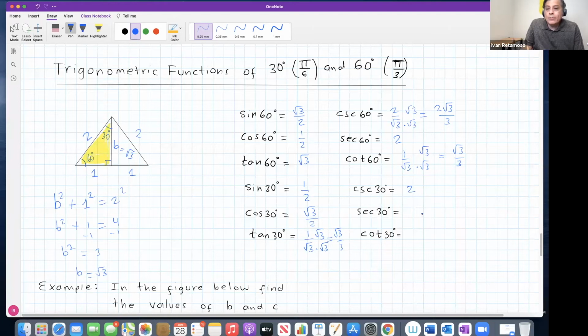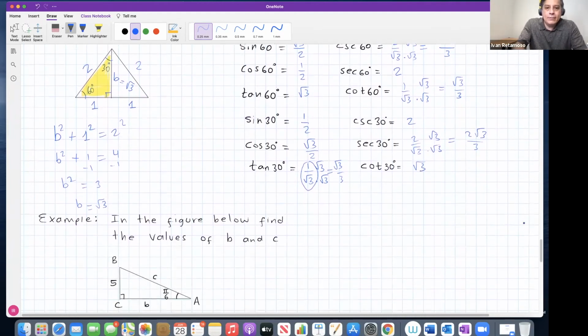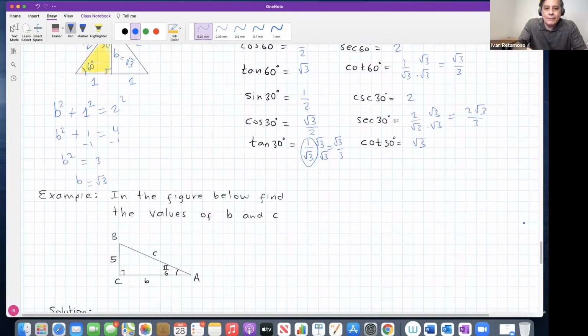Flipping this one, 2 over square root of 3, but rationalizing, 2 square root of 3 over 3. And cotangent, flipping tangent, this is just square root of 3. Try to remember this, guys, because we're going to need this for your homework when they ask you to find the trigonometric functions of 30 and 60 in exact form.